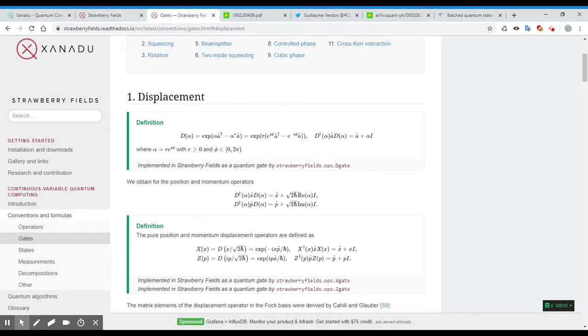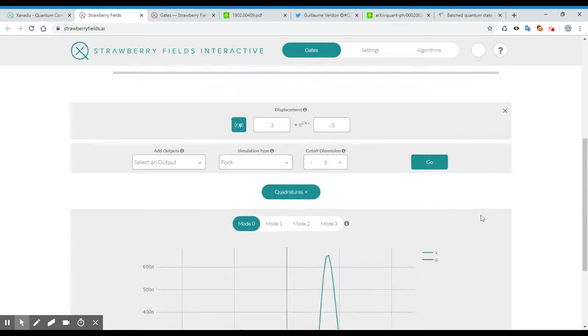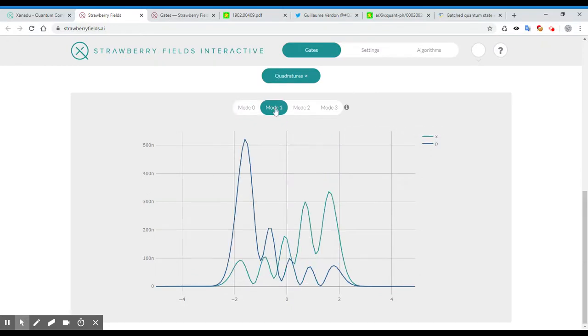I just want to displace the... So what if I do minus 1, -2, -3?